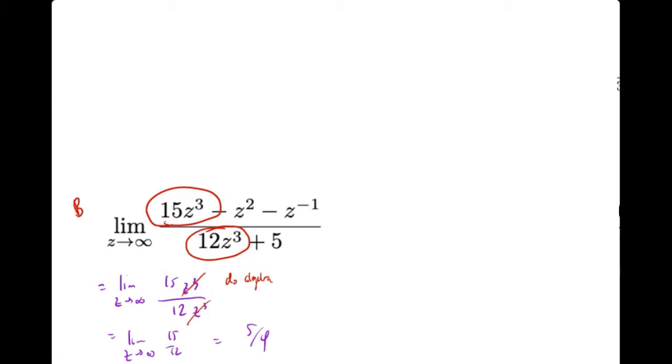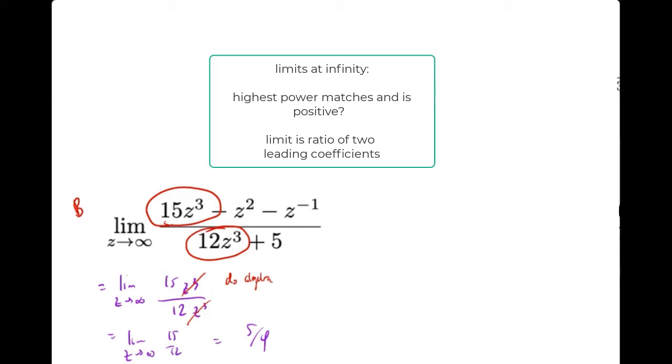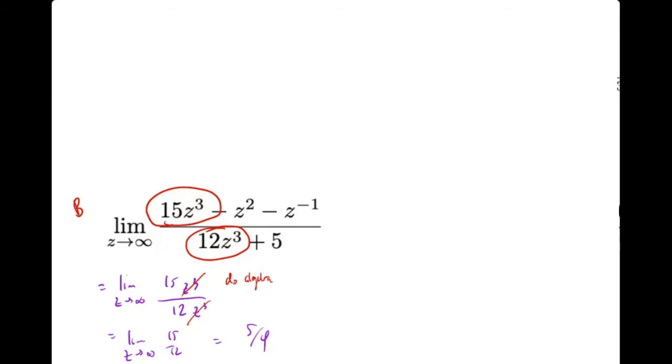So this function should go to 5/4. Why? Because the highest power matched, so those ended up canceling, and I ended up with just the ratio of those two coefficients. There's a really nice theorem in the textbook that describes this quite succinctly.